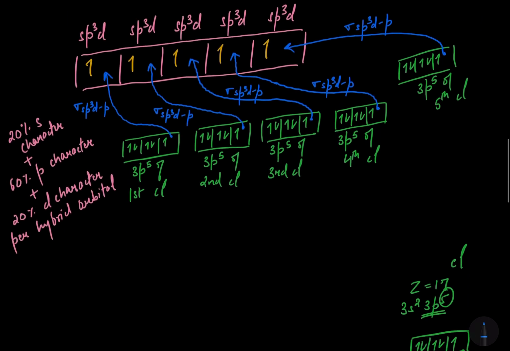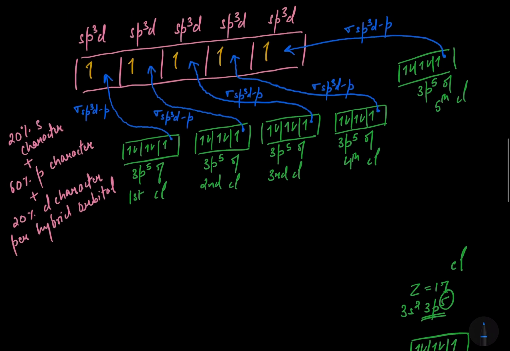Now here is the formation of the 5 sigma bonds with the hybrid orbitals of the phosphorus and the atomic orbitals of the chlorine.